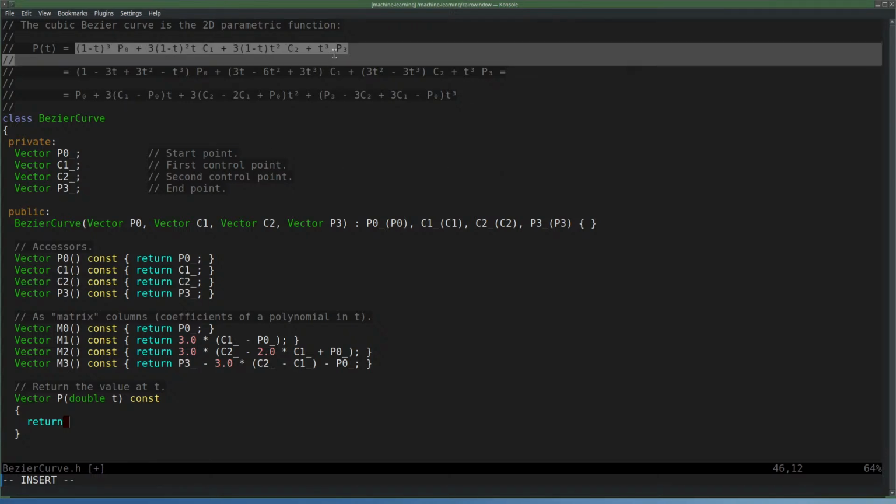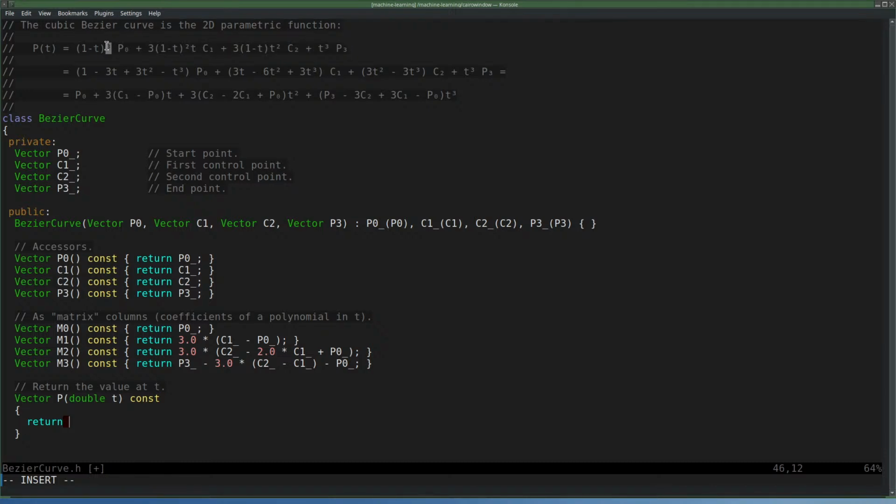Because this is the most efficient. First calculating this as a double, and only then multiplying it with the vector.